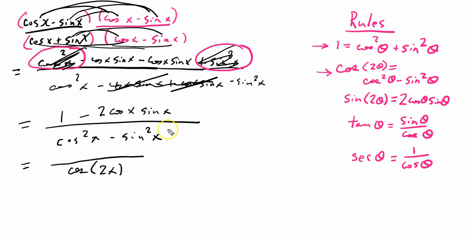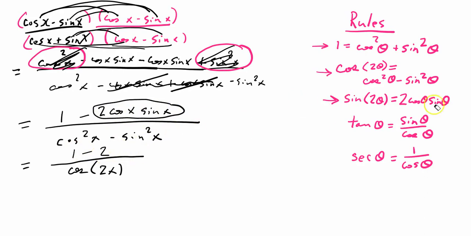And in that numerator, I'm going to use this double angle formula because I have 2 cosine x sine x. So in the numerator, that will become 1 minus, that will be sine of 2x.